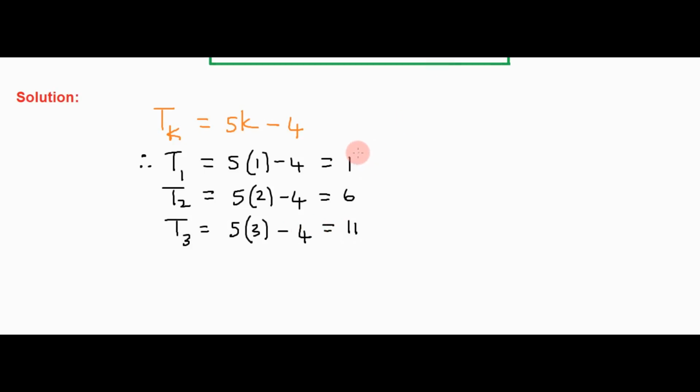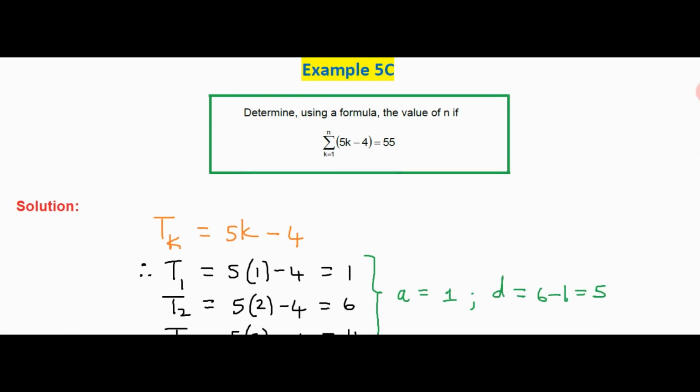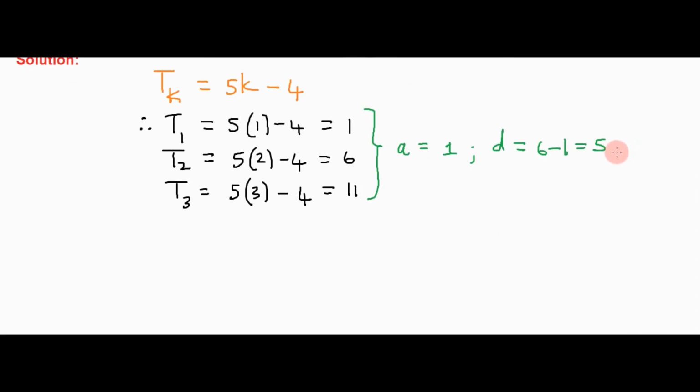So from this we can see that a, the first term, is 1. The common difference d is term 2 less term 1, so it's 5. And we also know that the sum to n terms is 55. So S sub n is 55, and we must find the value of n. So we're going to use the sum formula.